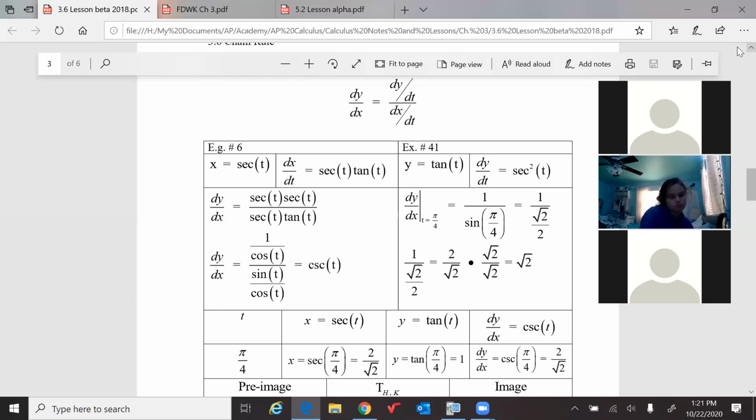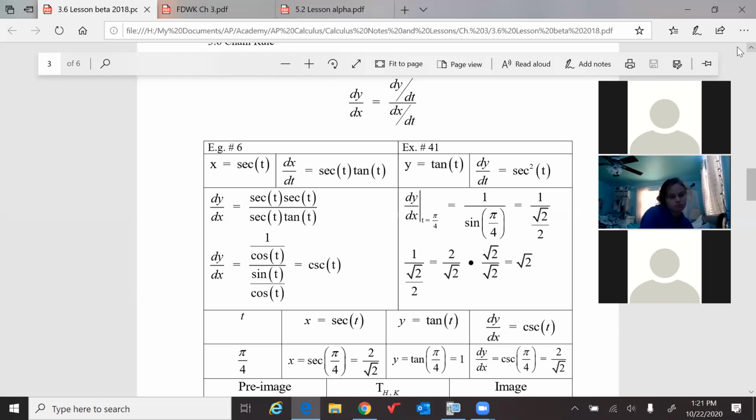Like if you were to invert and multiply, yes, we understand that. I know that's kind of abbreviated. You have 1 over cosine t divided by sine t over cosine t. So in effect, what are you doing? You're inverting and multiplying. Why?